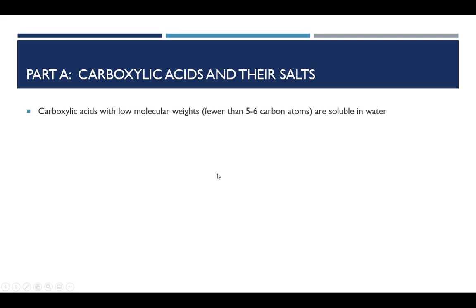Carboxylic acids that have a very small number of carbons, typically less than 5 or 6, are generally soluble in water. Why would that be the case? Again, we find that things that are polar tend to want to dissolve in solvents that are polar, like water. Carboxylic acids are not only polar, they are able to form hydrogen bonds with water molecules, and so therefore it only makes sense that they should dissolve in water.